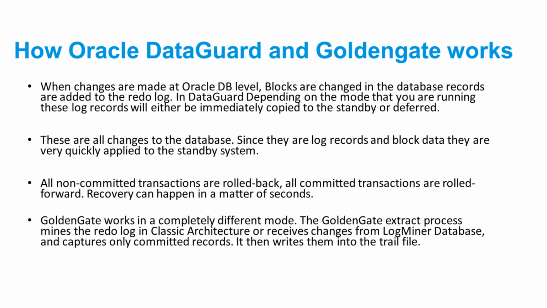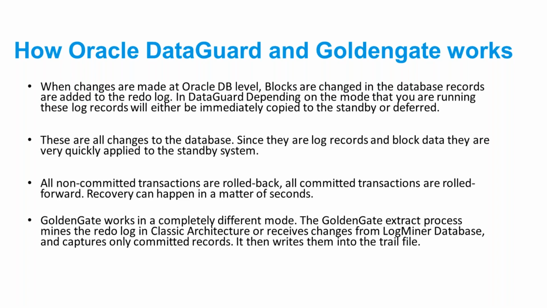I again repeat, the difference is Golden Gate captures only committed transactions. Hence, only committed transactions get applied on the target database. However, in Data Guard, because it's block by block application, the transactions, even if they are not committed, get applied on the target.